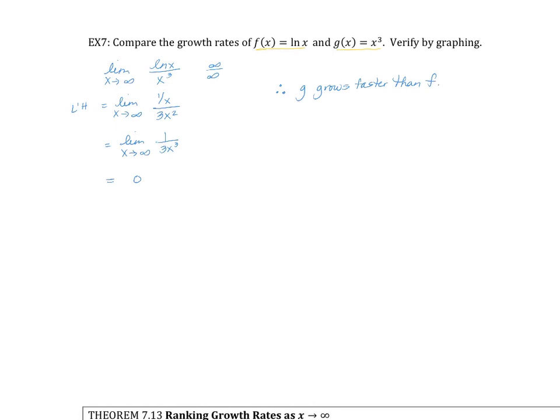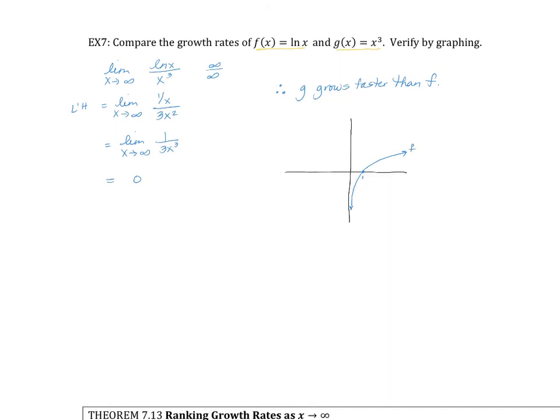Now, if we were to graph this, again, I'm just going to do a quick sketch, nothing fancy. If f of x is the natural log of x, it looks like this. It's going to pass through the point (1, 0). And it grows, but slowly.